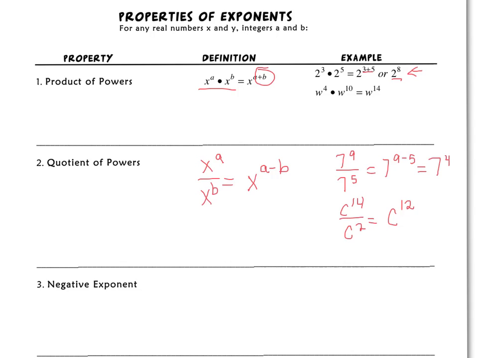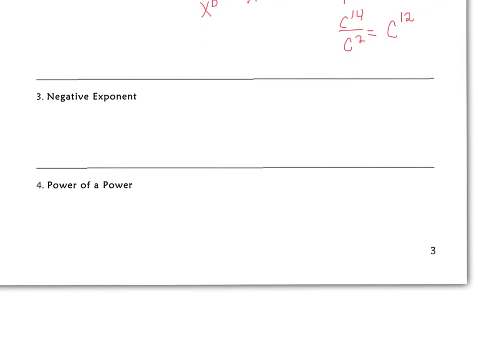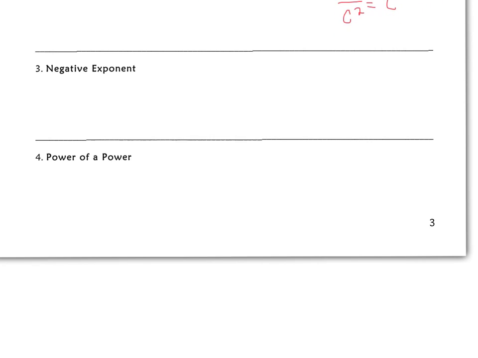Moving right along here, we're going to do our third property, which is negative exponent property. So the definition would be if you have x raised to a negative a, so some base raised to a negative exponent, you have to make that exponent positive, and the way you do that is you move the base. So I always think of it as this x here is living on the second floor because it's really over 1. It's unhappy there. That's why it's negative.